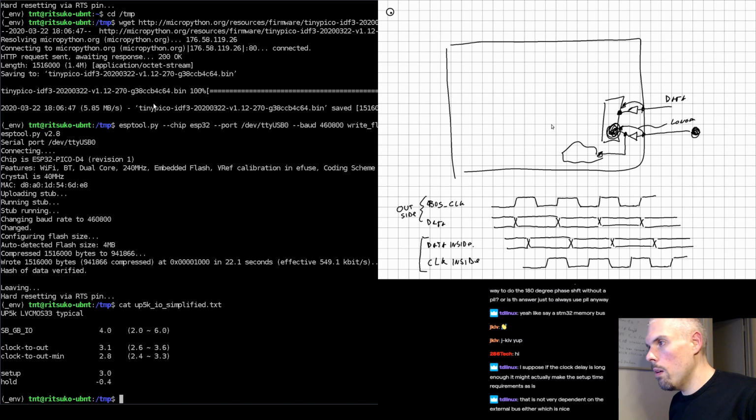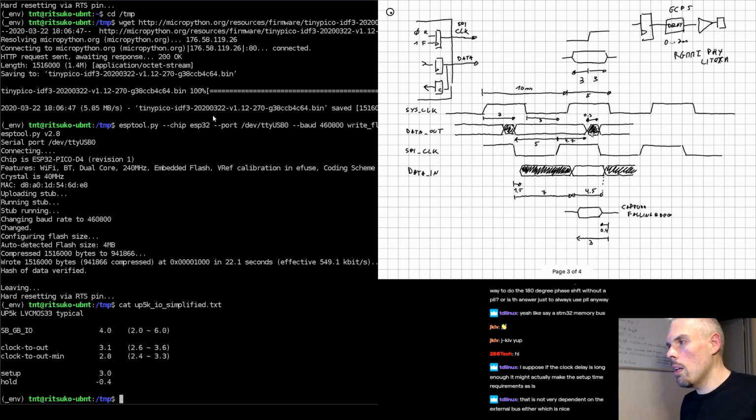Okay, so going back to that example, it was nice that it just worked, right? Now, the fact that it worked at 100 megahertz says absolutely nothing about whether it's going to work at any other frequency. Just because it works at 100 megahertz doesn't mean it's going to work even at 80 megahertz or 60 megahertz, because those timings are all interdependent and they kind of shift one next to the other.